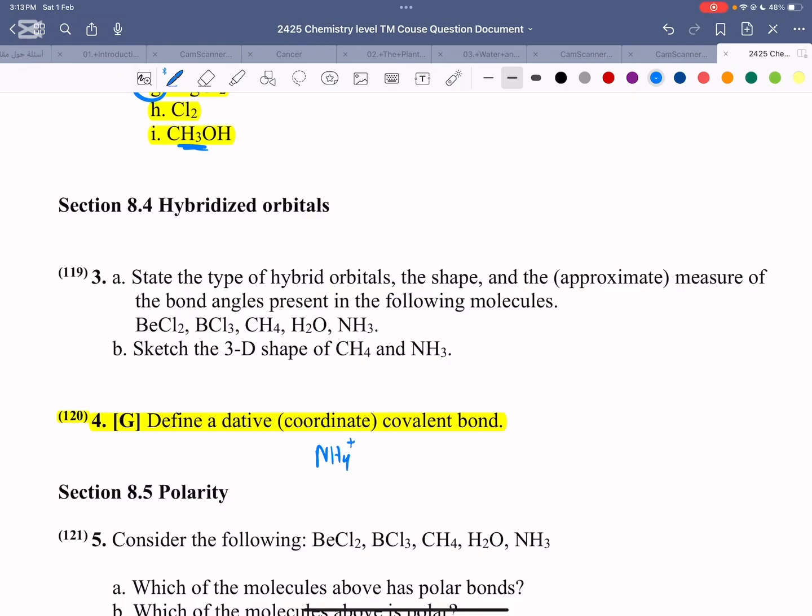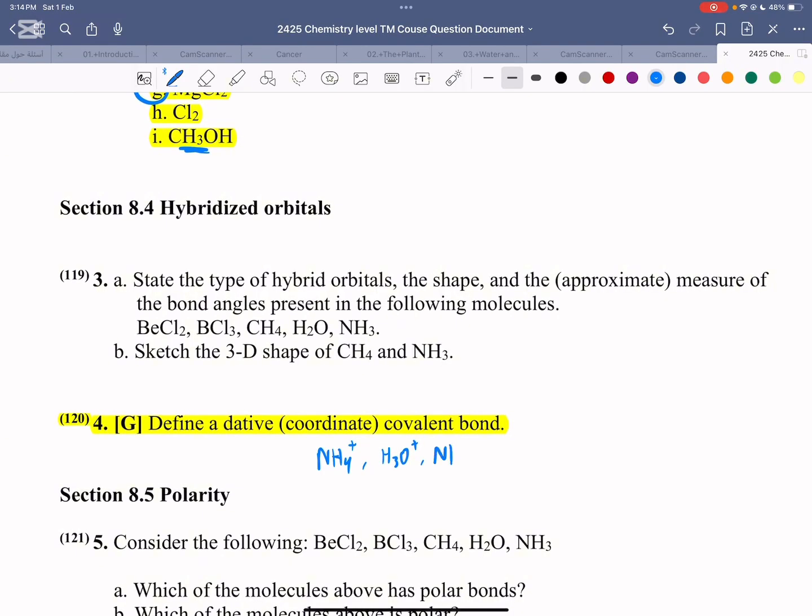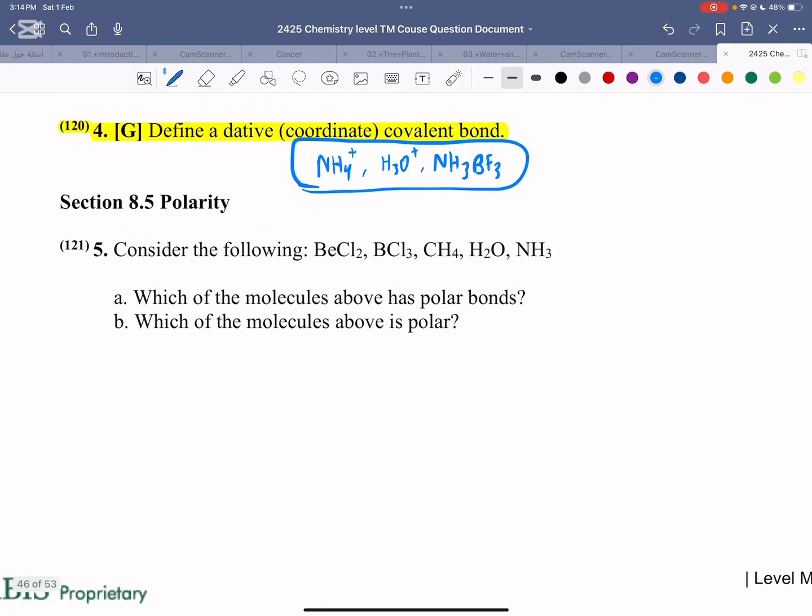This is one example of a coordinate covalent bond. Another example would be the hydronium ion, H3O plus. And one more example would be NH3BF3. So know these three examples for dative covalent bond.